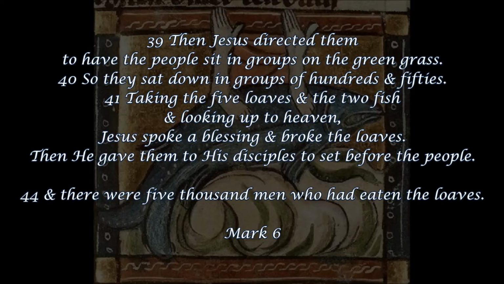Then he gave them to his disciples to set before the people. And there were 5,000 men who had eaten the loaves." And so, the miraculous event of the loaves and fishes was done very publicly so that lots of people remember it. And before the crowd, he broke the bread and the fish and made this magical event happen.